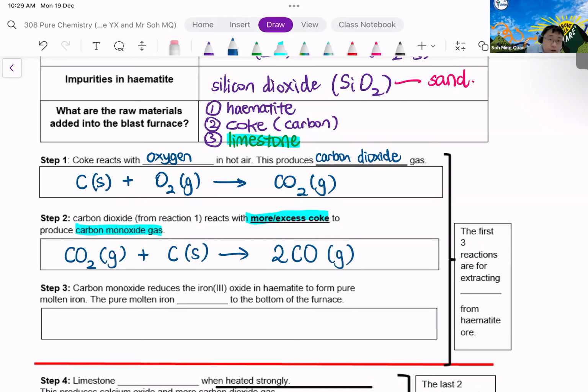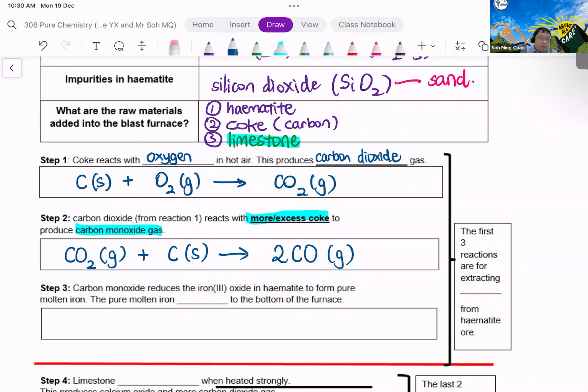Step 2 is crucial. You don't actually want CO2. What you want is to form CO, carbon monoxide. Okay? So the whole purpose of step 2 is to form carbon monoxide.